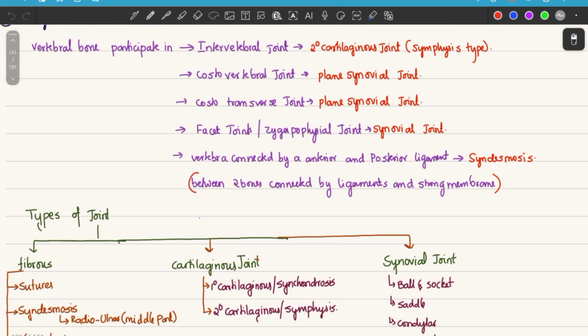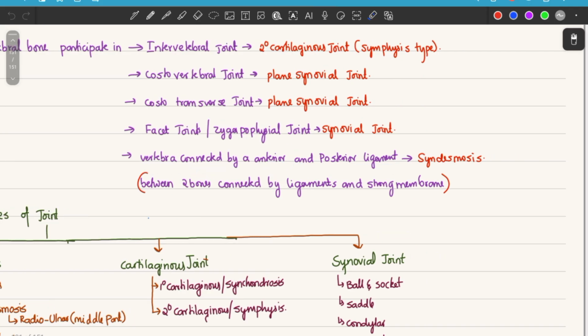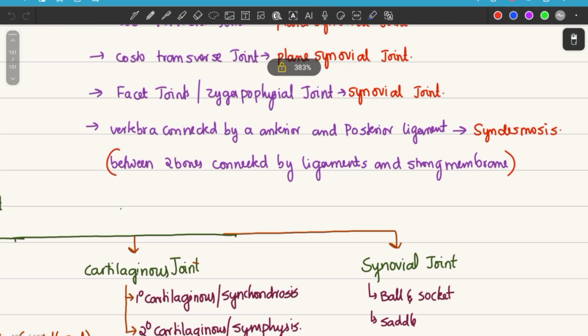See, the vertebrae are connected by anterior and posterior ligaments, that is, between two bones connected by ligaments and a strong membrane.